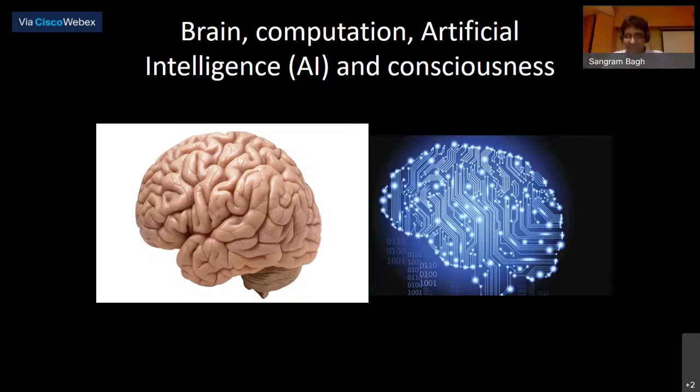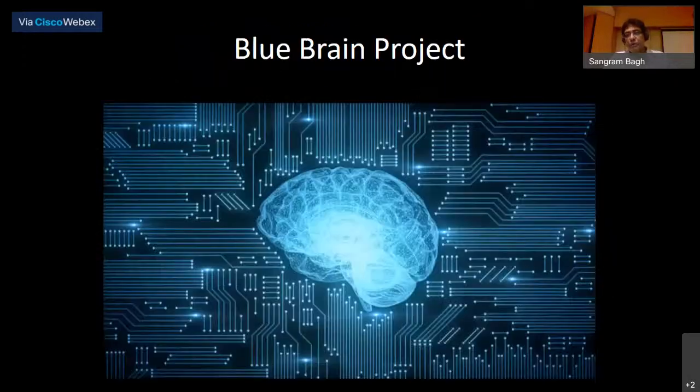So biological cells do compute when they're connected in a proper way. This is probably the best computer in the universe, okay? It computes in very complex ways, and this gives not only intelligence but consciousness. So people want to try to understand that. There is one project I would like to mention, called the Blue Brain Project.